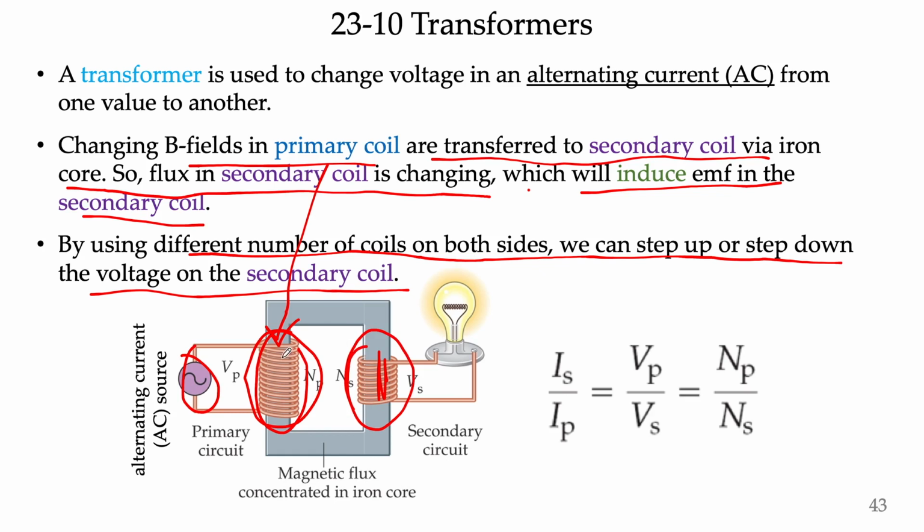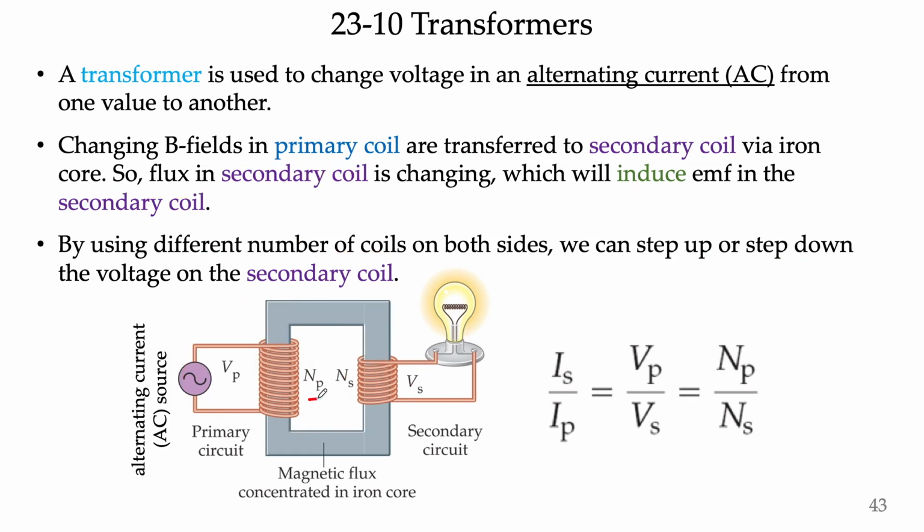It's basically NP, the primary coil number, and NS, the secondary coil number. By changing these, we can increase or decrease the voltage in the secondary coil.